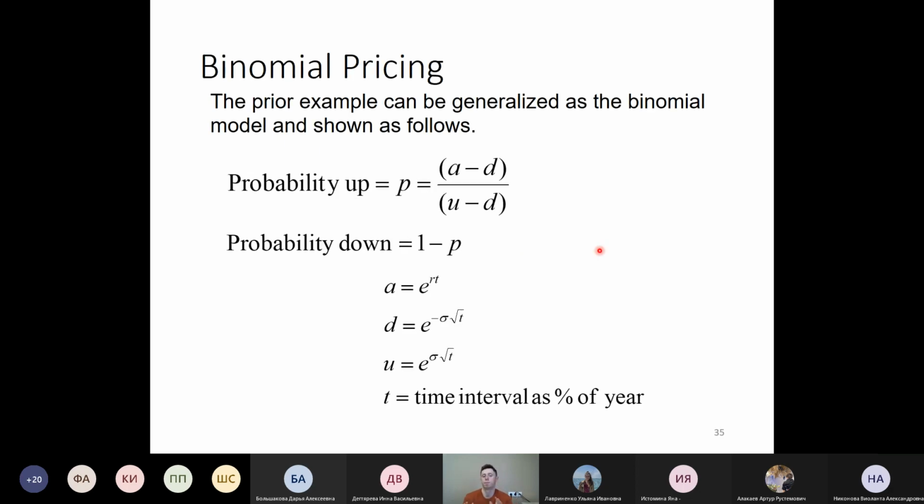Let's consider the binomial pricing model in a general form in order to repeat it and make sure that we understand how it works.